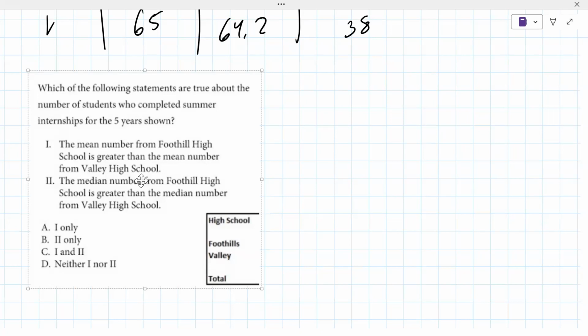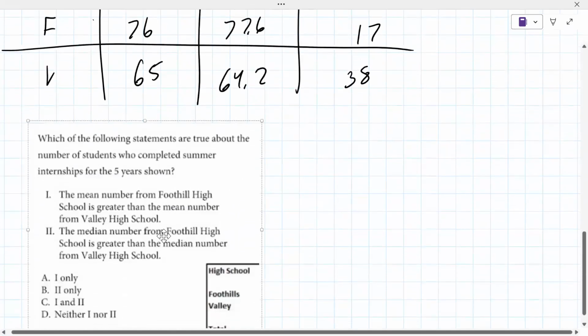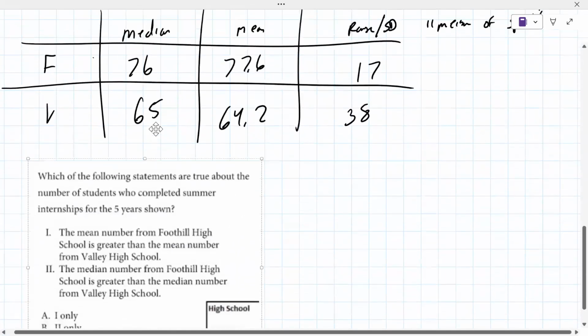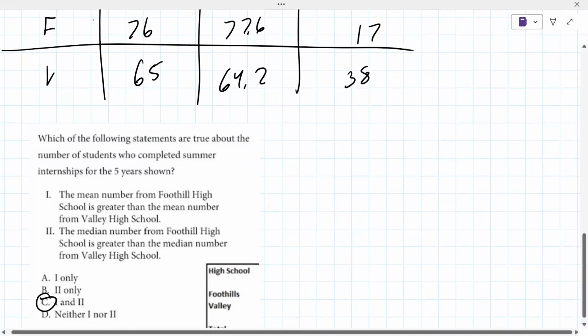C. The mean from Foothills is greater than Valley. That's true. The median number from Foothills is greater. Yeah. All right, so they're both true. Good. Okay, let's see what else.